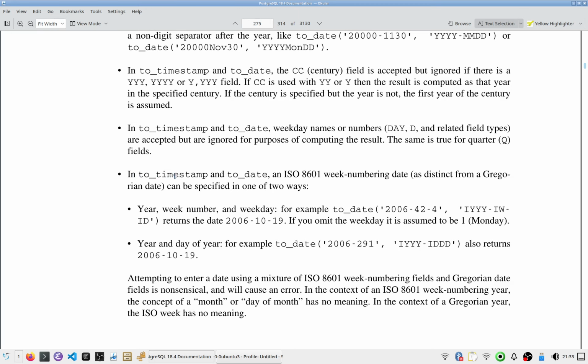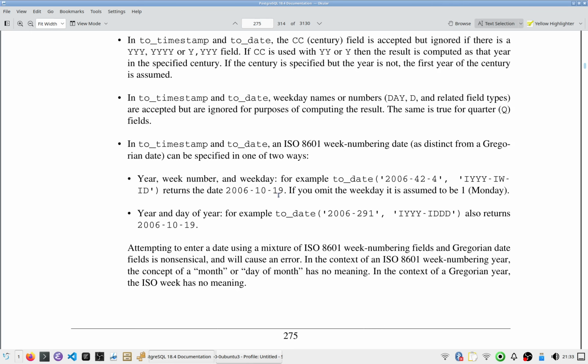In to_timestamp and to_date, an ISO 8601 week-numbering date, as distinct from a Gregorian date, can be specified in one of two ways: year, week number, and weekday. For example, to_date('2006-42-4', 'IYYY-IW-ID') returns the date 2006-10-19.